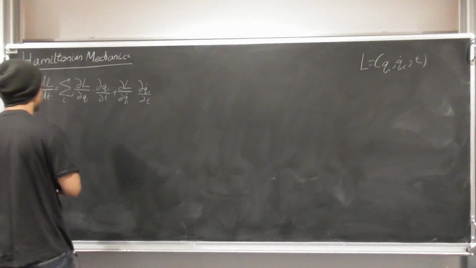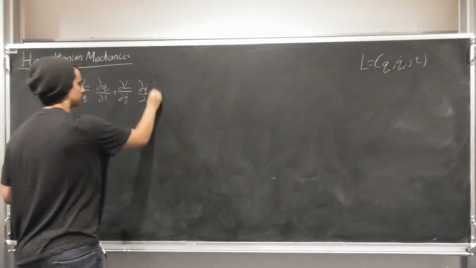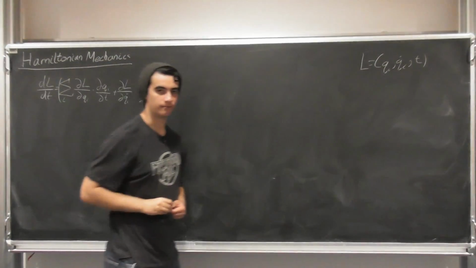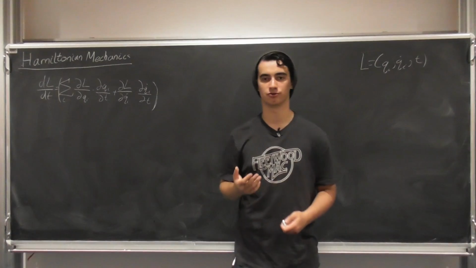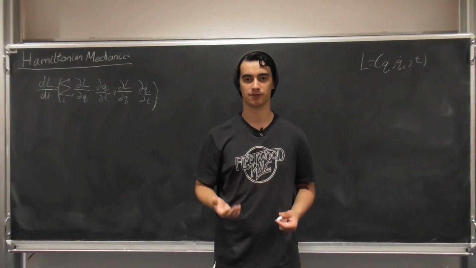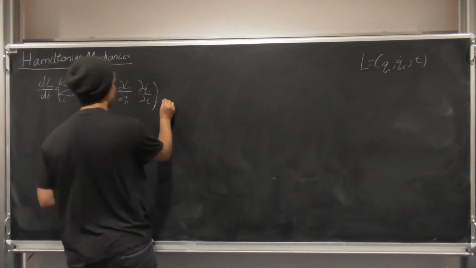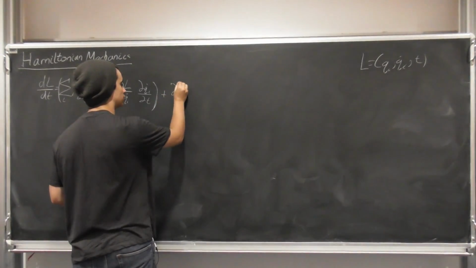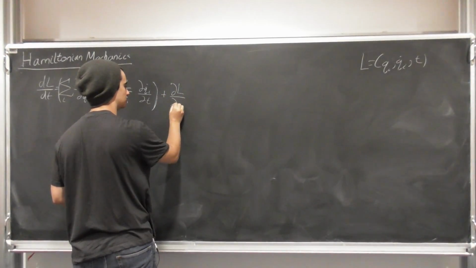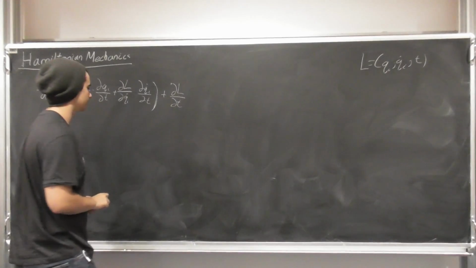Now this part here is what we were used to before when we had a Lagrangian with no explicit time dependence. But if we do have an explicit time dependence, we also have to add another term at the end, which is the partial derivative with respect to time itself.